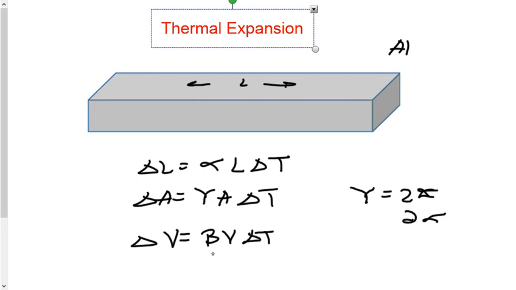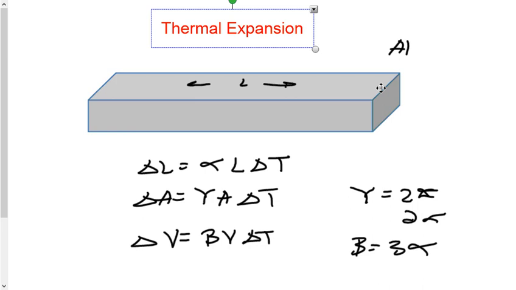Well, you'll have a beta, which is your volume expansion coefficient, multiplied by original volume times change in temperature. Now what's beta equal to? Well, beta is going to equal 3 times alpha. Why 3? Because you have this changing in length, this one changing in length, and that changing in length.